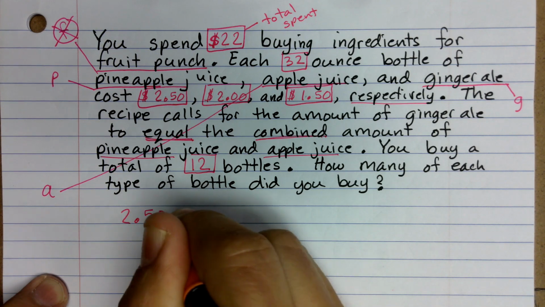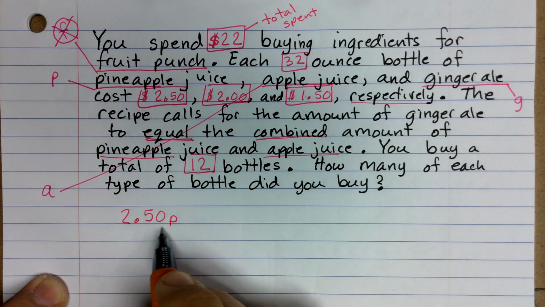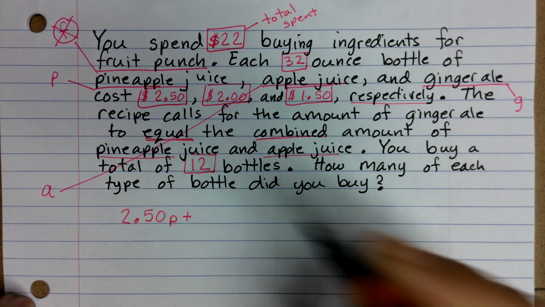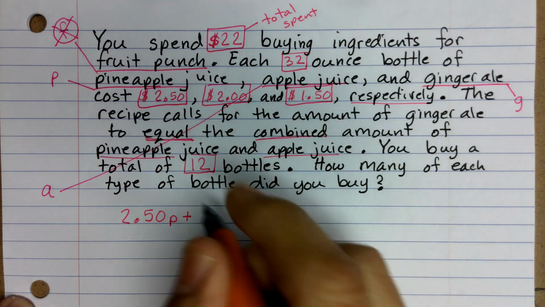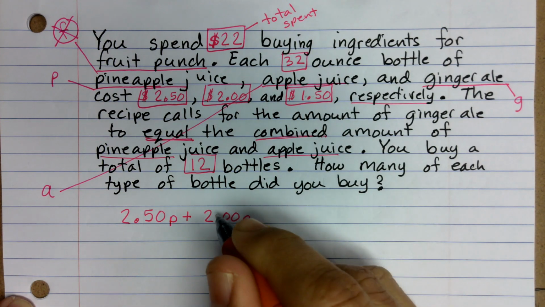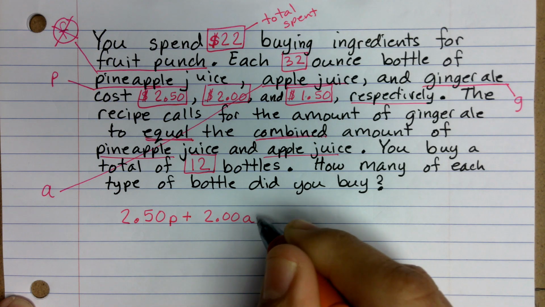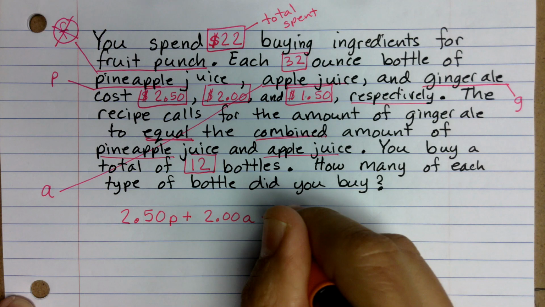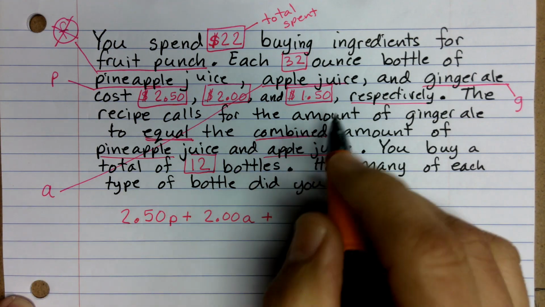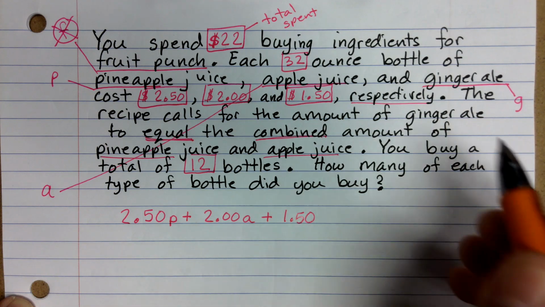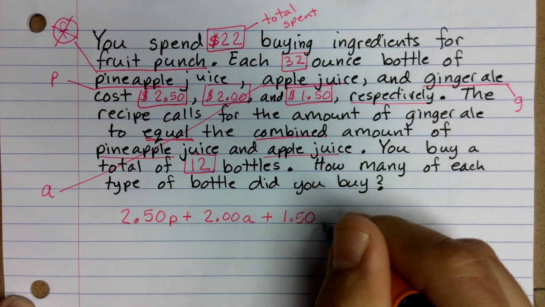So I'm going to say $2.50 times P, which is the number of pineapple juice that we bought, plus $2, which is the apple juice. So it's going to be $2, and there's going to be A after it because it's $2 times the number of apple juices we bought, plus $1.50 for our last one, and that's going to be the ginger ales that we bought.